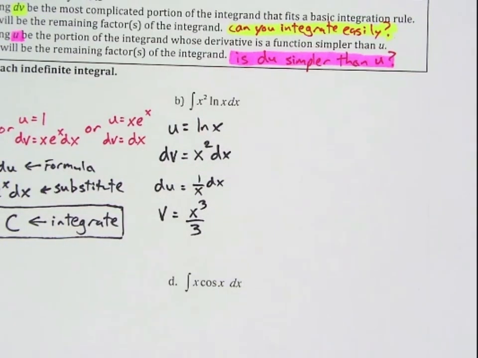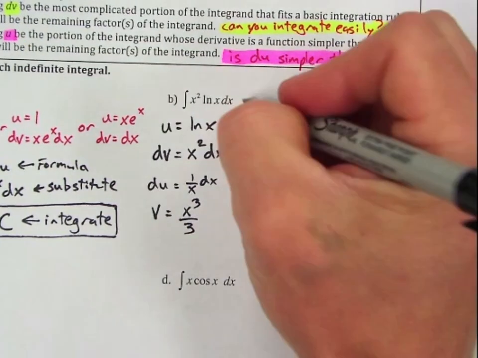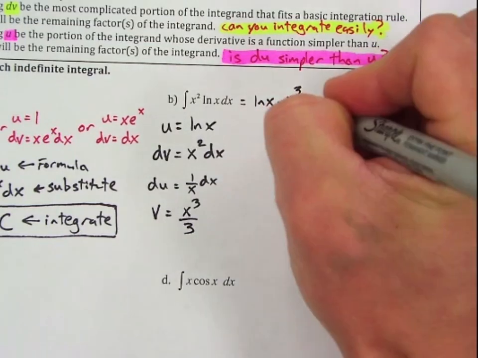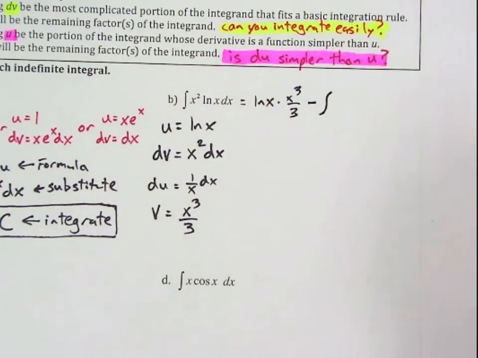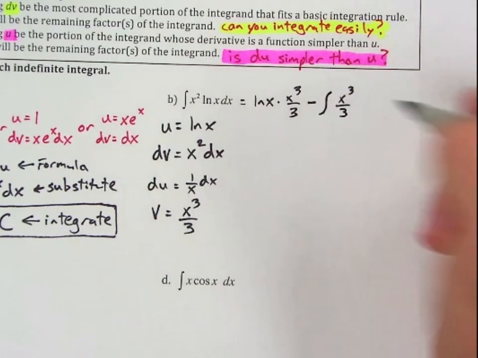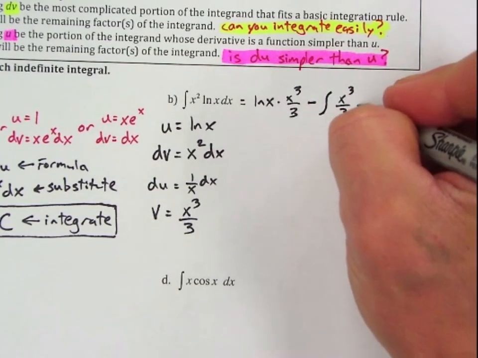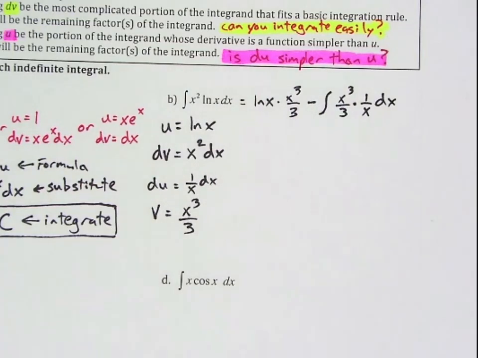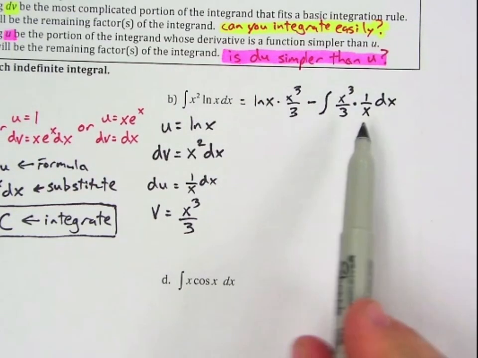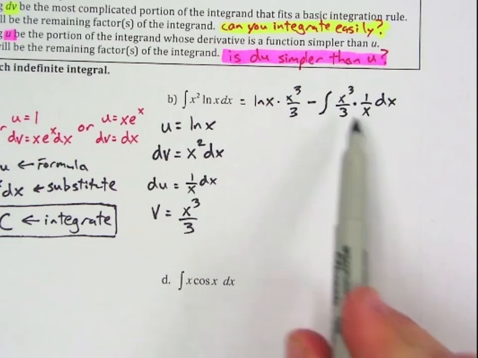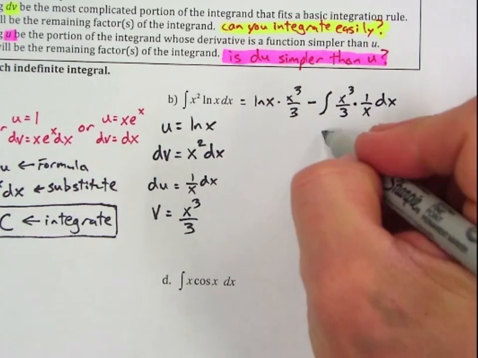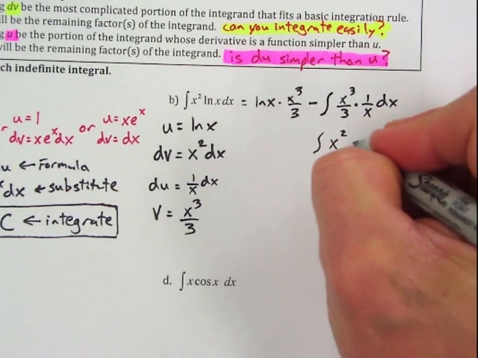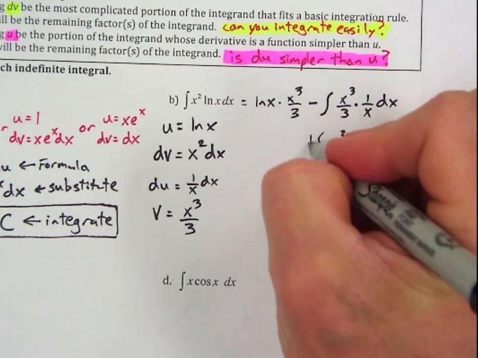So we have uv, and then minus the integral of v du. x cubed over 3, and then du is 1 over x dx. You can see here we can simplify the integrand. x cubed over x is going to leave us with x squared. And we can pull out the 1/3.